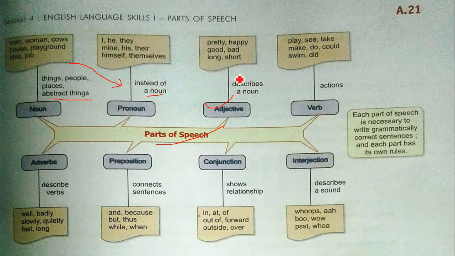Second, adjective. Adjectives describe a noun, like pretty, happy, good, bad, long, short. These are the specialities or properties of the noun. Verb: play, seek, take, make, do, could, swim, did. These are the actions.